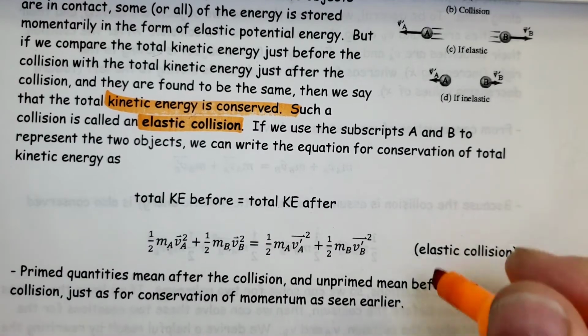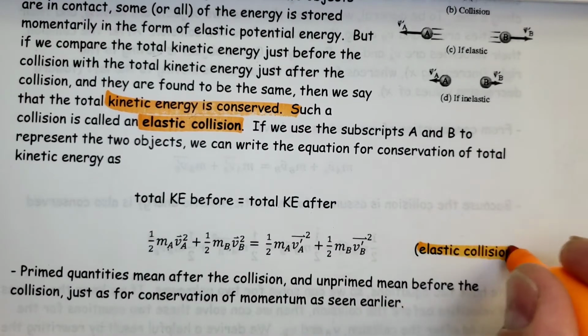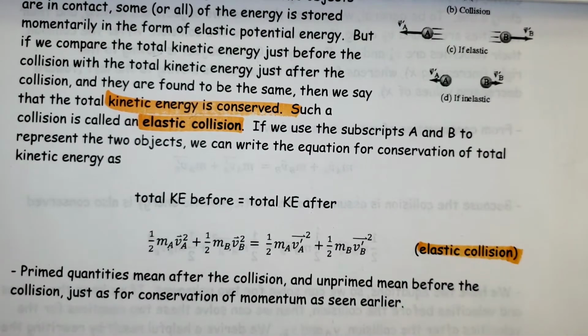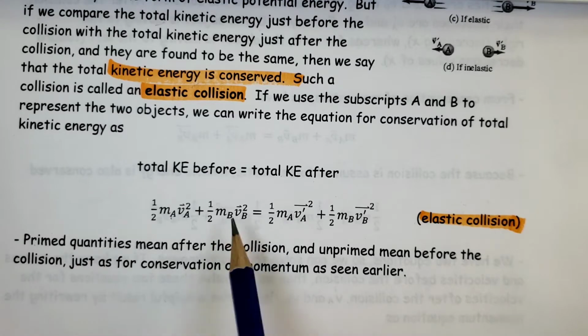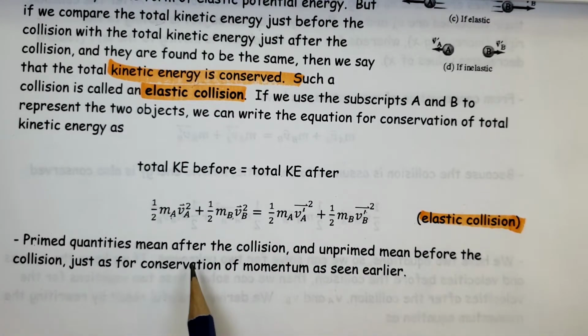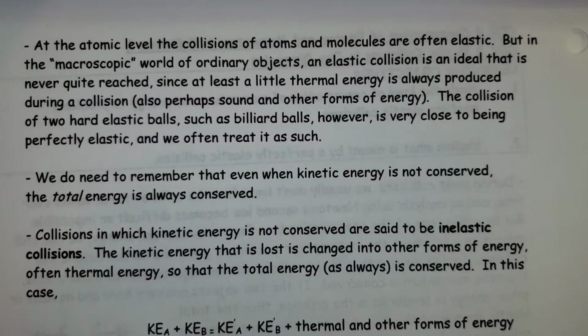That is true for elastic collisions. So you'd have to be told that it's an elastic collision, and then you can make the assumption that kinetic energy is conserved. And again, the primed quantities, the little raised apostrophe, mean after the collision, and unprimed means what happens before, just like we looked at before.